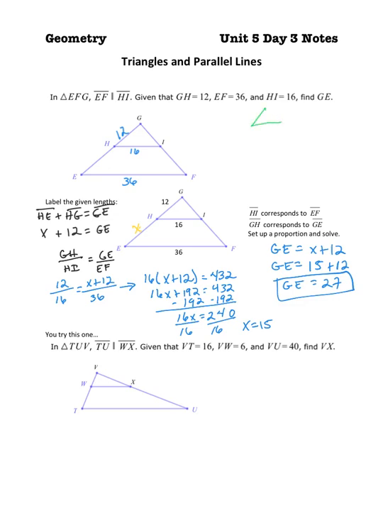You can draw G, H, I, and you can draw G, E, F. And then you can label 36, that's X because we don't know GE, HI, make it neater, 16, 12. You can set up your two triangles this way if you wish, and you can go X over 12 equals 36 over 16. You can do it that way if you wish.